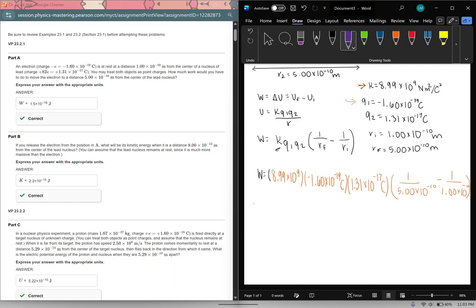So we're going to do 8.99 times 10 to the 9, multiply by negative 1.60 times 10 to the negative 19, multiply by 1.31 times 10 negative 17 coulombs, and this is going to give us negative 1.884 times 10 negative 26.